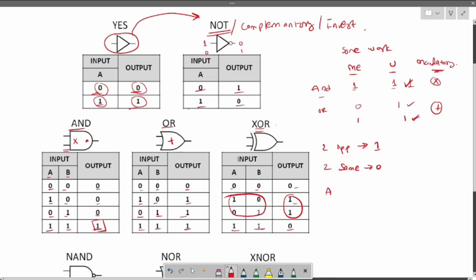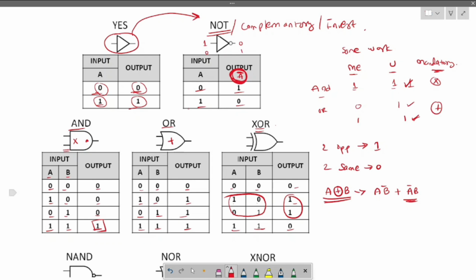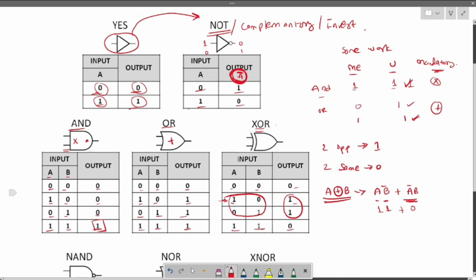The formula that applies is A B complement plus A complement B, or A dash B. The output is A into B dash plus A dash into B, where dash is the NOT symbol, also called complement. I will explain with an example: B dash, where B is 0, is 1, and A dash is 0 here, so finally the result will be 1.